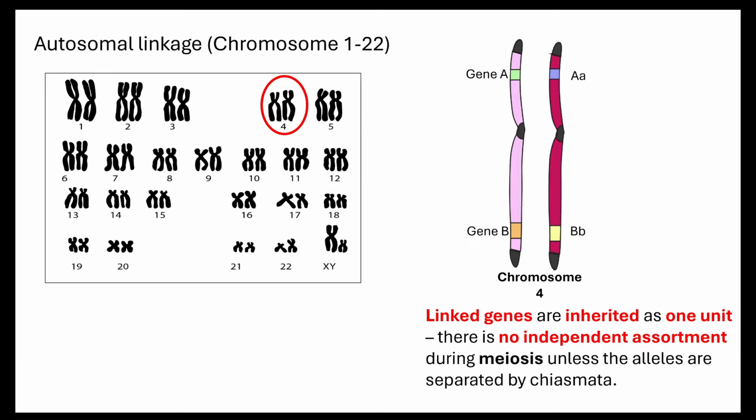They are linked, they are one unit, therefore you inherit the capitals, the dominants together, or you inherit the recessives together in my example. Now there is a little caveat here which says unless the alleles are separated by chiasmata. So this is important for us to understand, so let's take a step back.